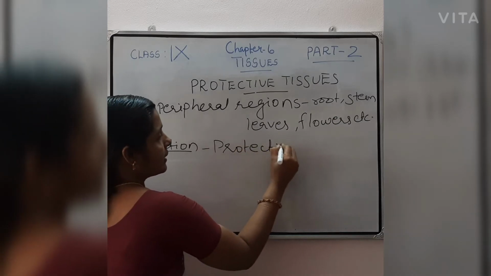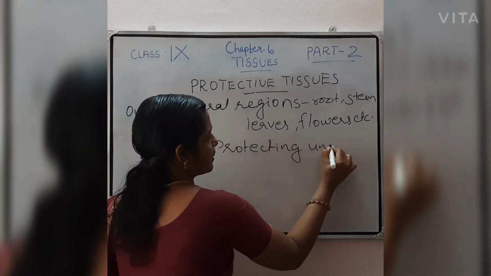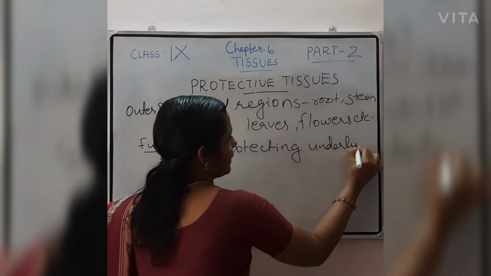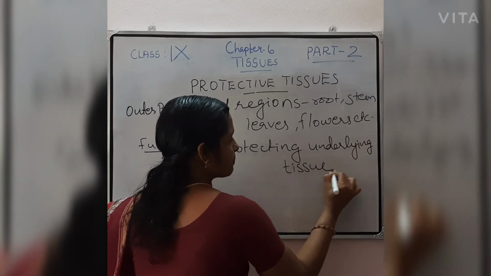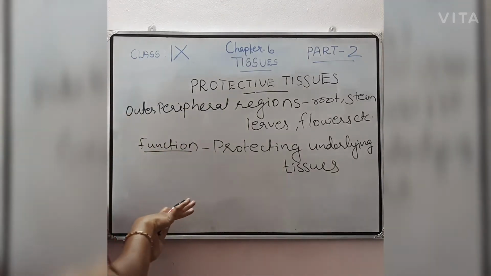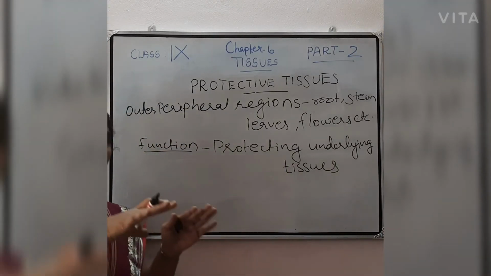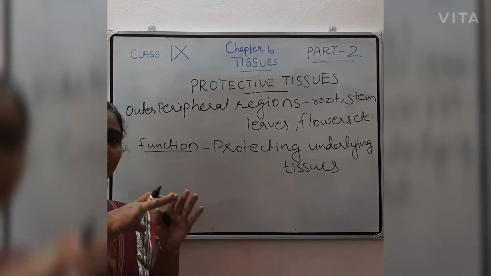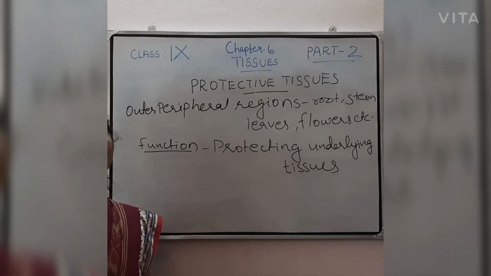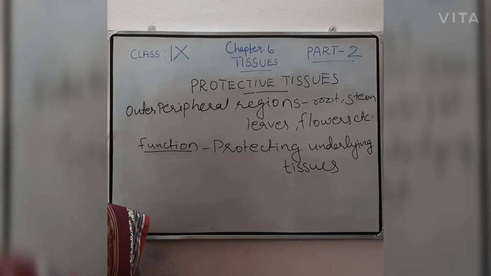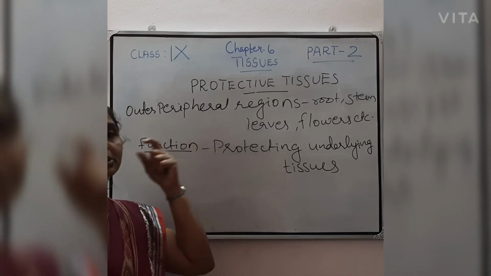Protecting the underlying tissues. That means the tissues which are present below the epidermal cells. So below the protective tissues, so many other tissues are also present. So protect those tissues. That is the function of the protective tissue.